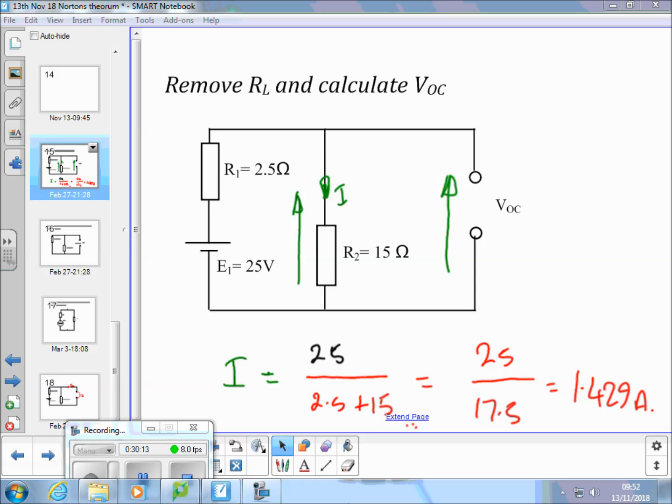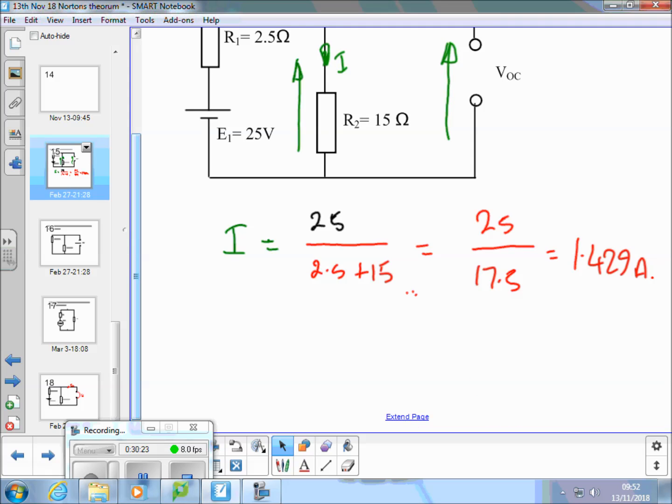Right, apologies. So we have 25 over the two resistors added together gives us 1.429 amps. And yes, that is awkward trying to work with this board when that's not writing in the right place. Okay, but now we can find VOC.